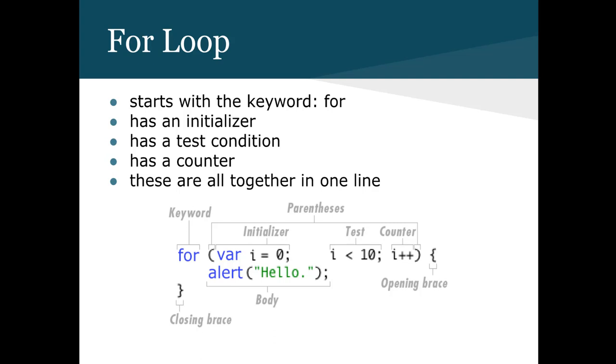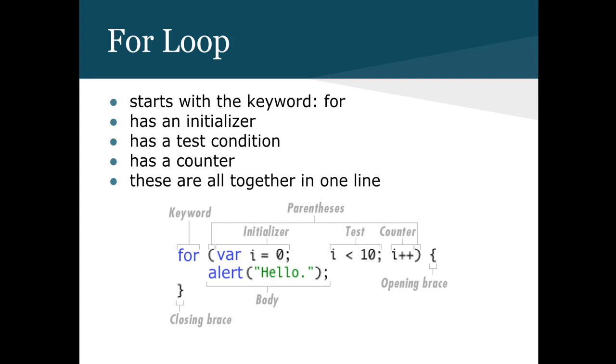Cool, I'm going to increment the value of i to 1 now, and I'm going to alert hello. Okay, I'm going to go through the loop again and check the value of i.